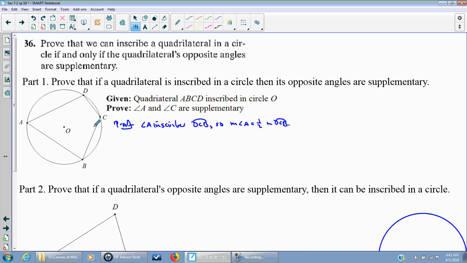Now let's look at this angle over here at C. Angle C inscribes an arc. C goes from B all the way around to D, so it inscribes arc BAD. Let me write that down again. So the measure of angle C is 1/2 the measure of arc BAD.